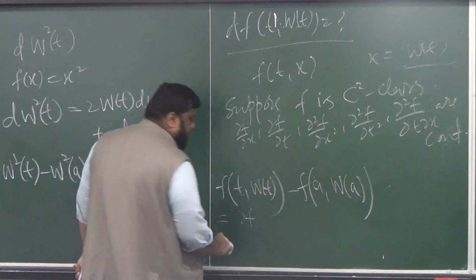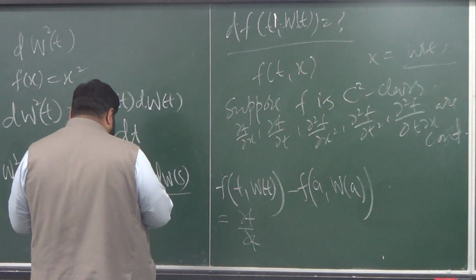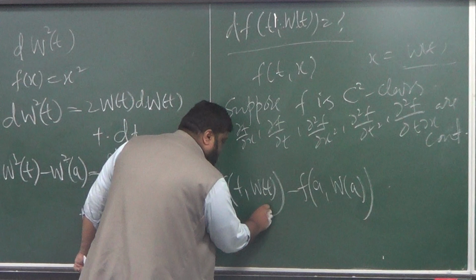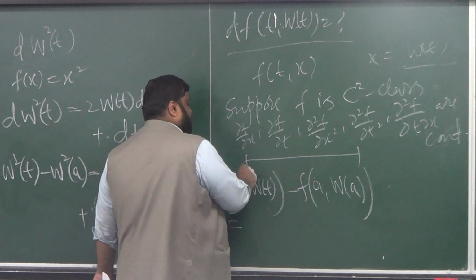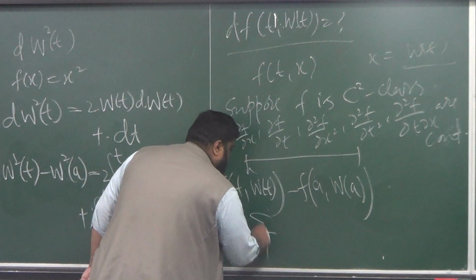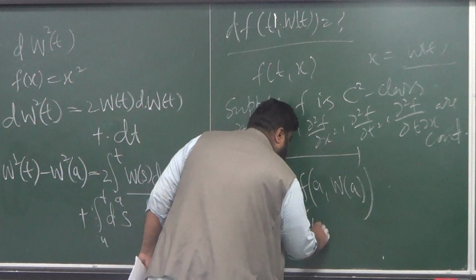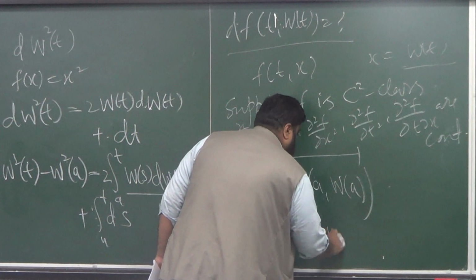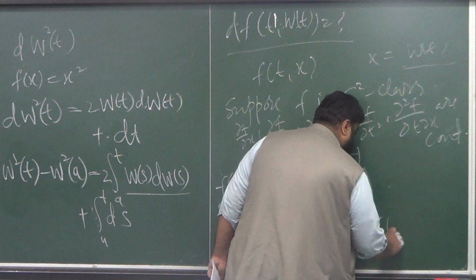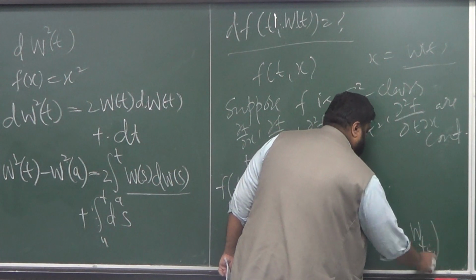First of all, you're going to differentiate f with respect to the time. Before doing it, I'm going to do the same thing: I have the interval a to t and I split it into a mesh, and I'm making a sum, i equal to 1 to n, of f of t_i and W of t_i minus f of t_{i-1} and W of t_{i-1}.